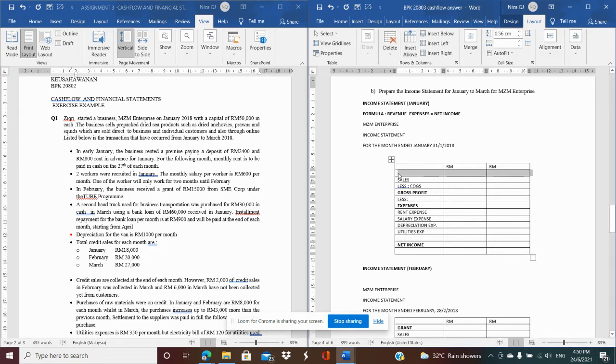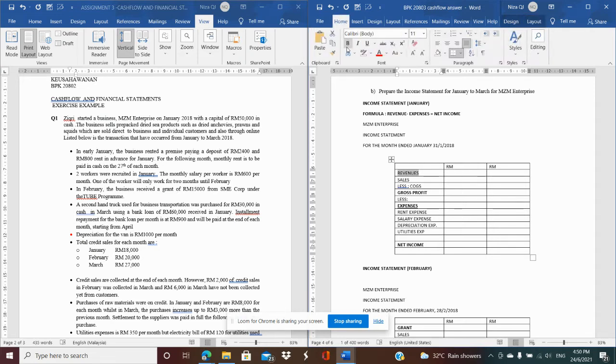So I'm going to put here revenue and then the expenses. I'm going to erase all the information that I have already put here so that you can see how I put in the information.